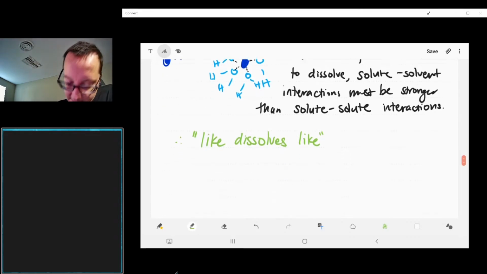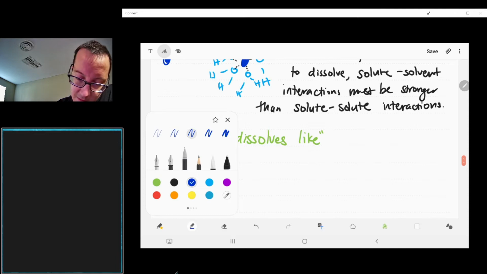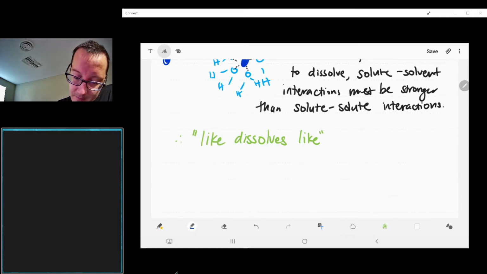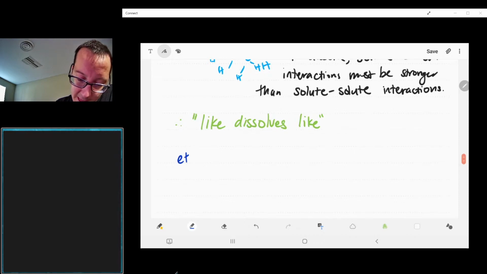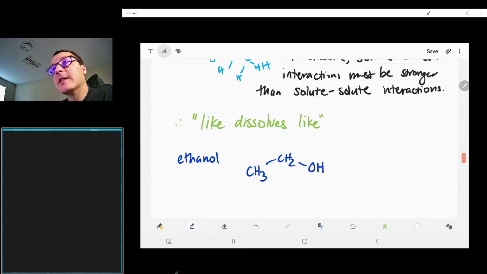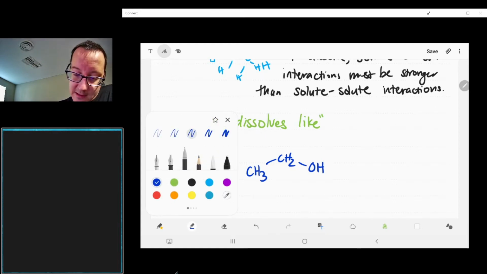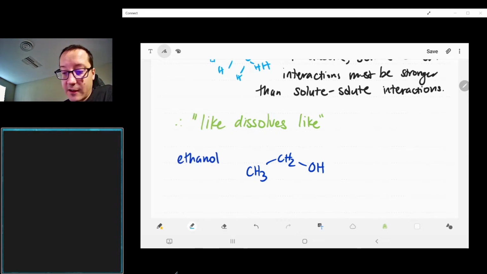All right, so let's see what happens when we have just a polar molecule. So if we have, say, ethanol, ethanol looks like this. It's two carbons connected together with an OH group on them. We remember that OH groups are polar. We saw that in our worksheet, right? So we do have a polar bit here.